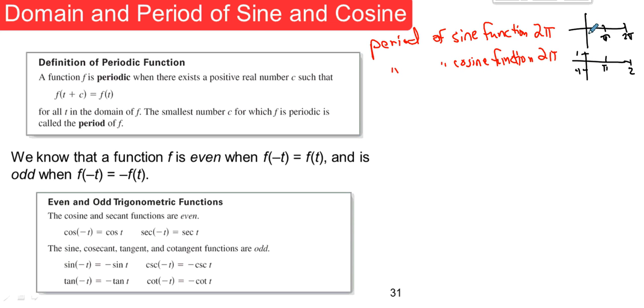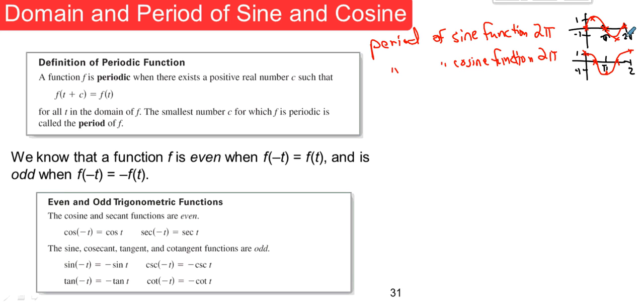For sine, it starts at 0, goes up to 1, back to 0, then down to -1, and back to 0. And there's our sine function. Cosine starts at 1, goes to 0, -1, back to 0, and then +1. And it looks like that.